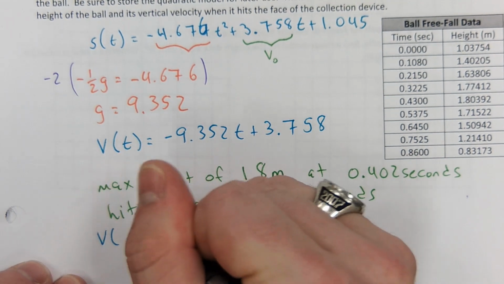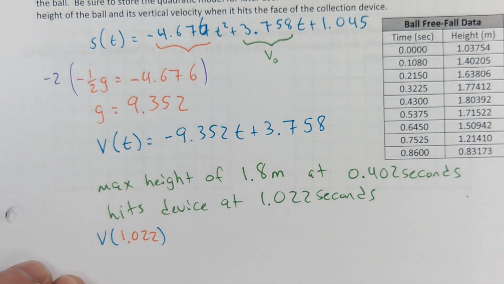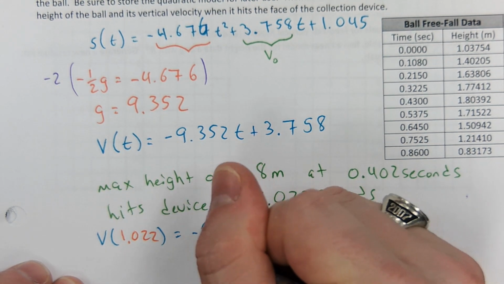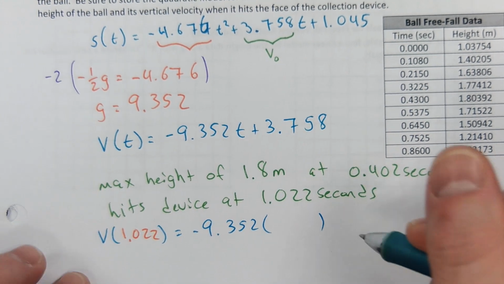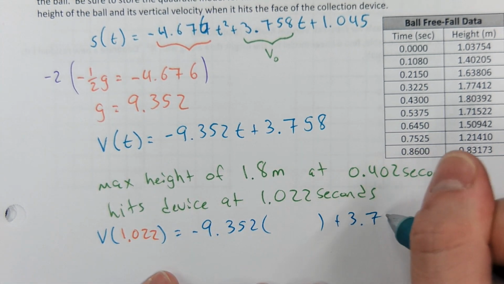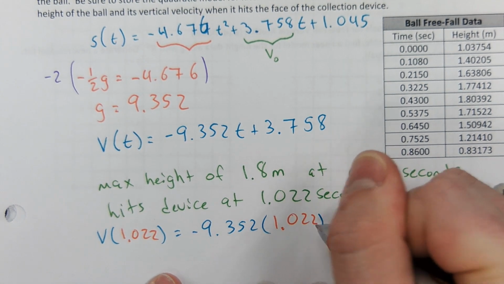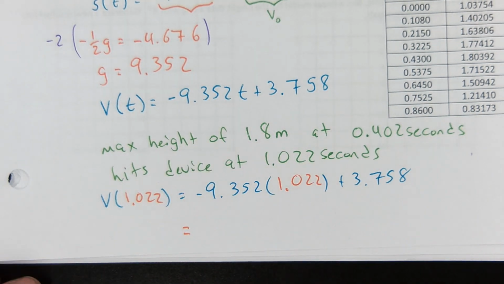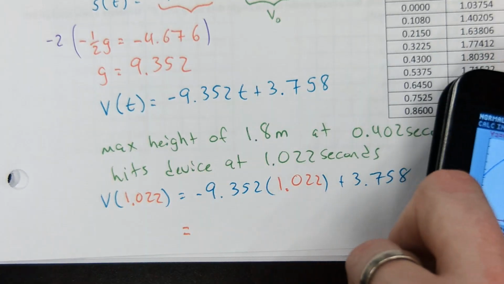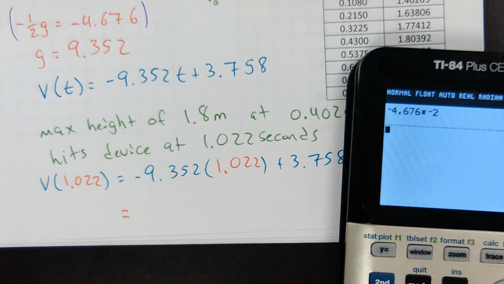Our velocity at 1.022 seconds is negative 9.352. That's going to give us our vertical velocity when this thing struck the device. And I'm just typing that on a calculator.